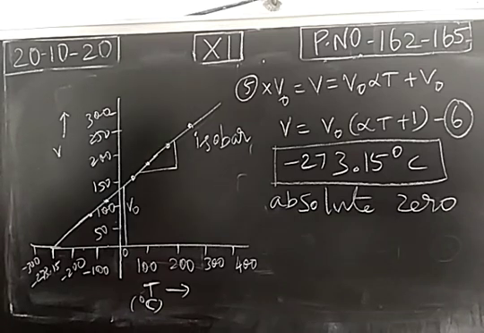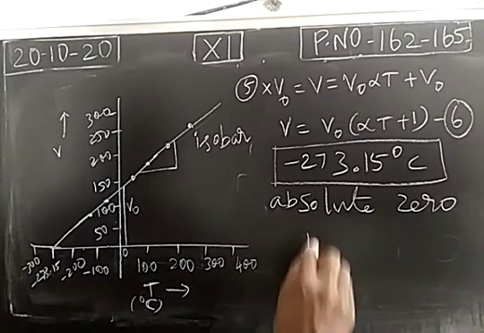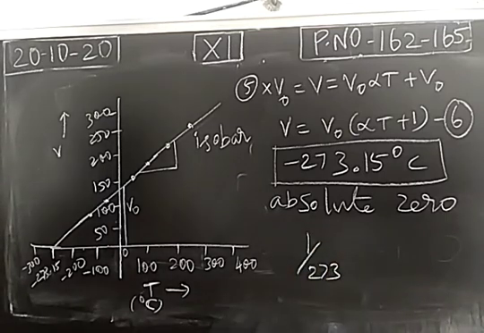Based on that, Charles found the coefficient of expansion as 1 by 273. So 1 by 273 is the coefficient of expansion. He said that for every degree rise of temperature for a gaseous molecule, the volume increase will be 1 by 273. So all these concepts you have to remember.